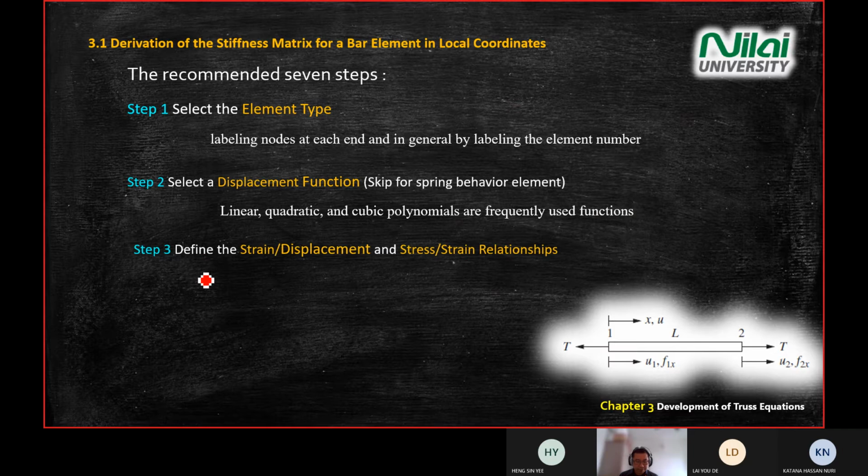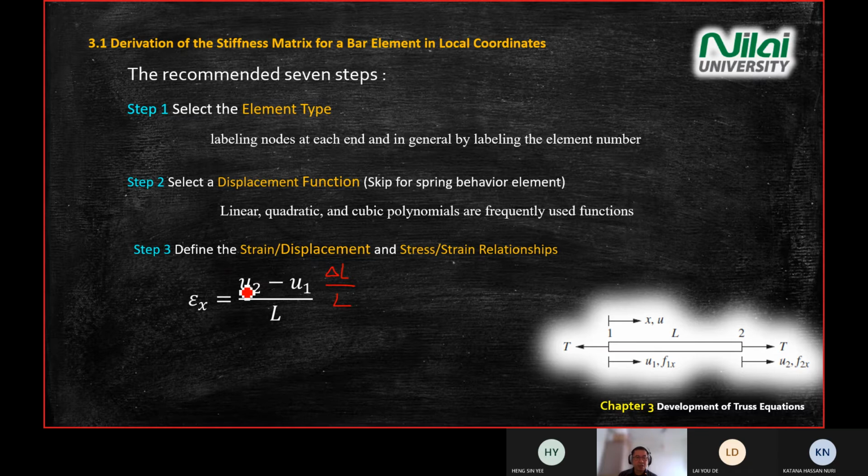Step number 3, you define the strain, stress, displacement relationship. Later we look at one example of how we do it. The first equation for step number 3 is strain. What is strain? Strain is the change of length divided by the original length.